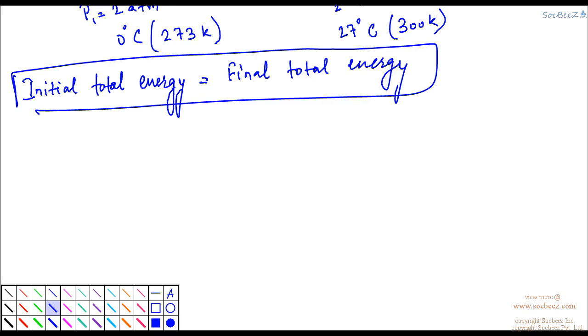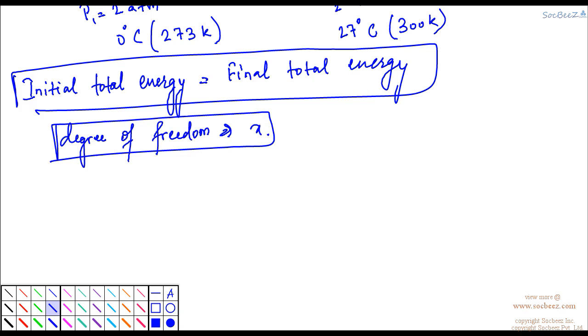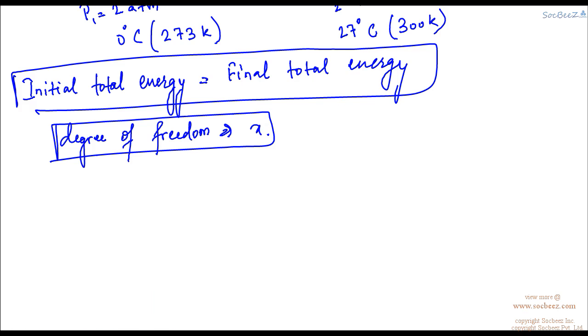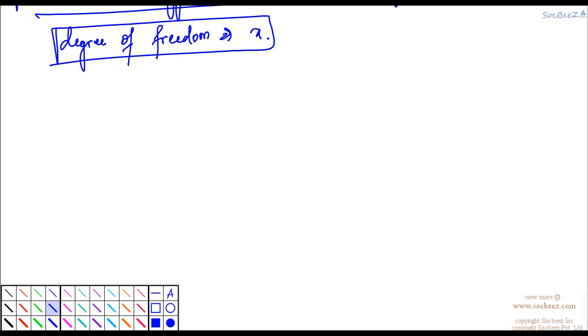Initially we don't know first of all which type of gas it is. It could be a monoatomic gas, a diatomic gas, or a triatomic gas. So we are assuming the degree of freedom is equal to X. For both the containers, the degree of freedom would remain the same, because we are dealing with the same gas only.